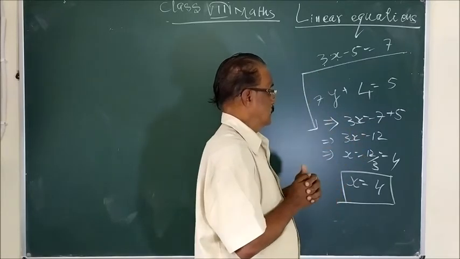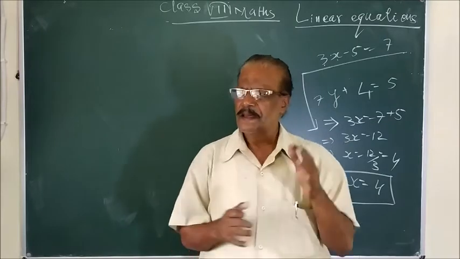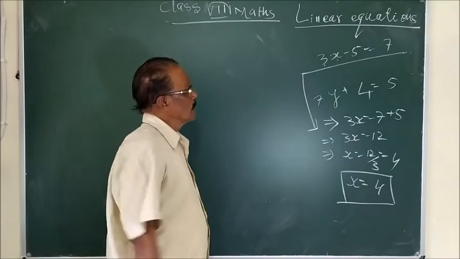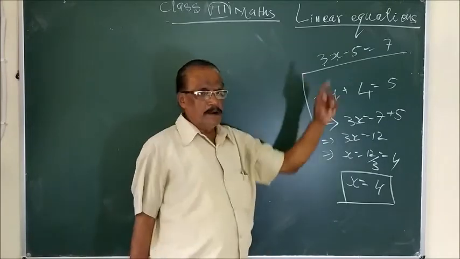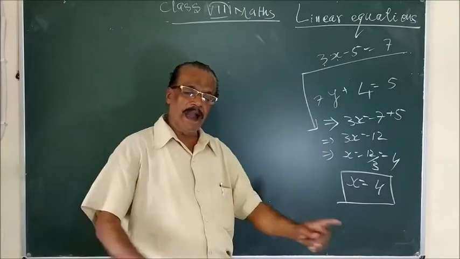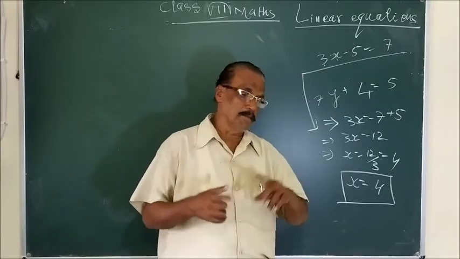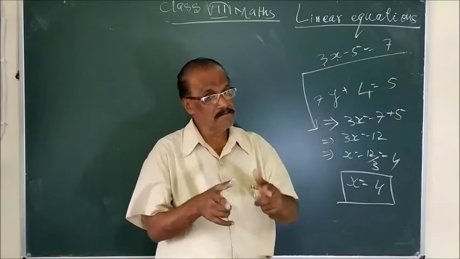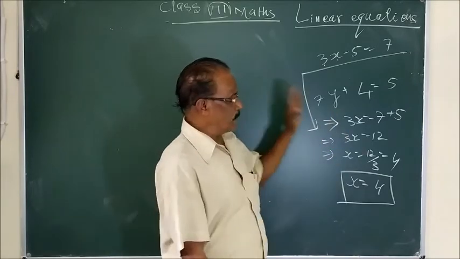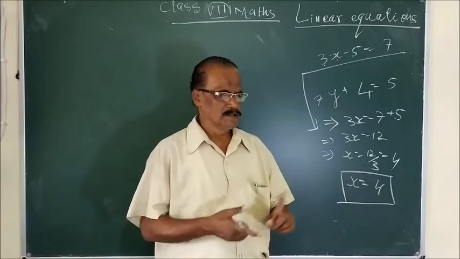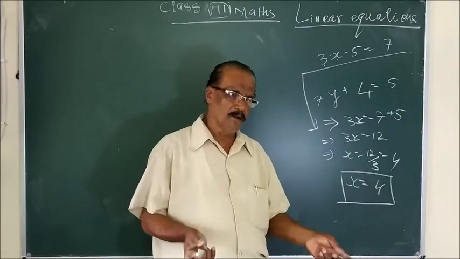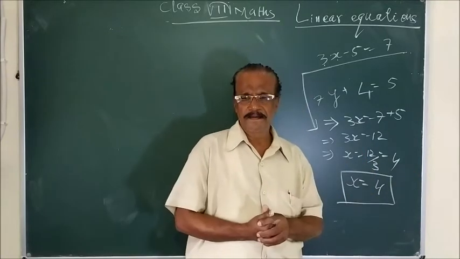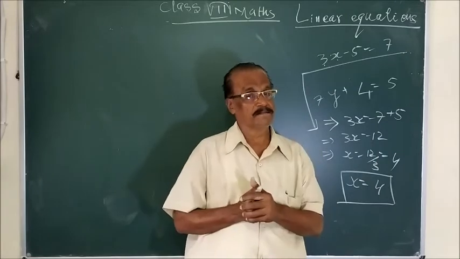ये आपका एक सॉल्यूशन, इसी तरह से इसको भी बना सकते हैं. देखें 4 steps. पहला कि in any equation if we add the same number to both sides, the equation remains the same. If we subtract the same number from both sides, left hand side and right hand side, there is no change in the equation.